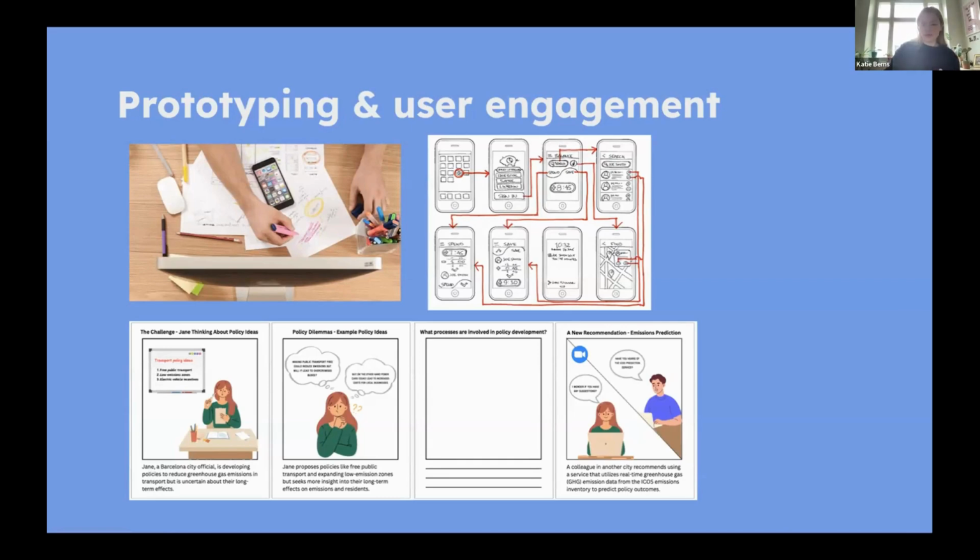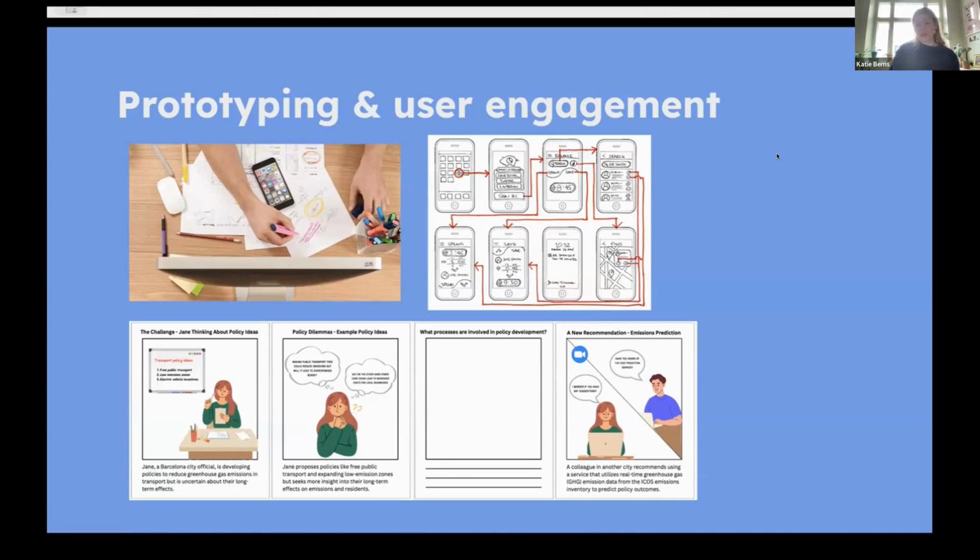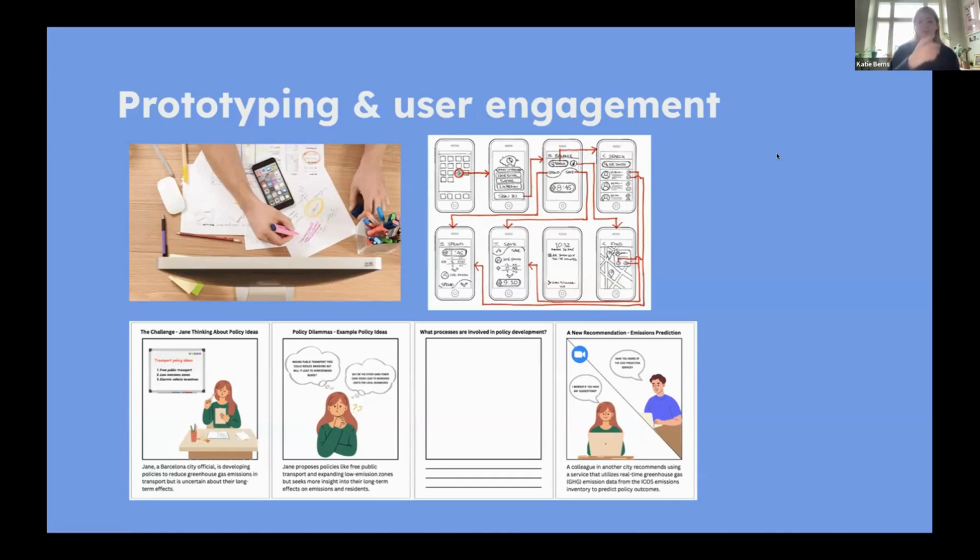I can talk in a little bit more detail about the bottom, which is a few frames from a storyboard prototype I used at a workshop quite recently. And this is not at the first stage of a design process. At this point we have an idea of, okay, participants or potential users would like a service that does a certain task.